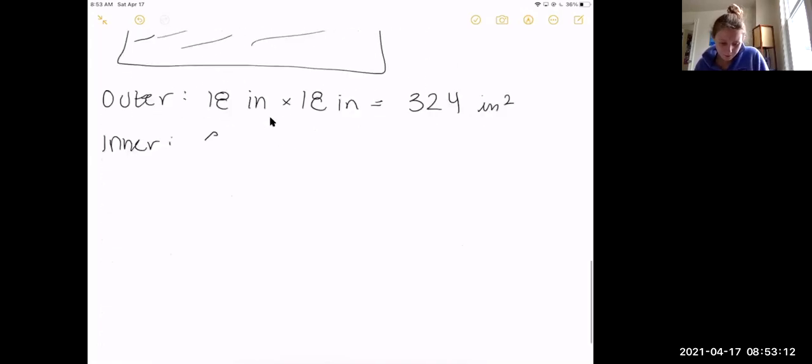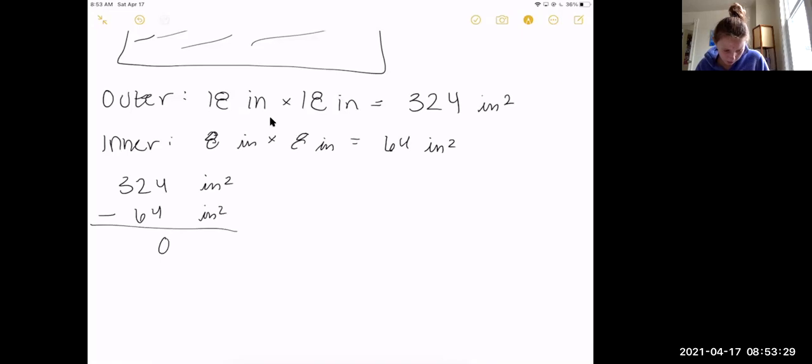So then we have 8 inches times 8 inches. This is going to give us 64 inches squared. Then 324 minus 64 gives us 260 inches squared.